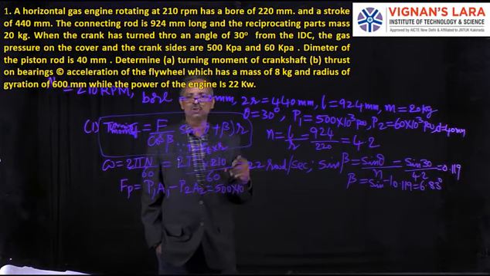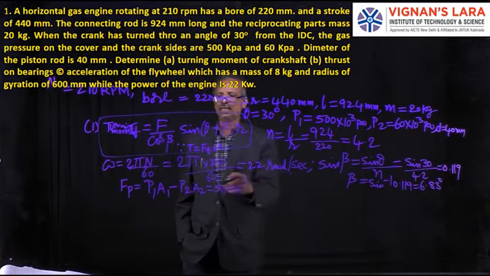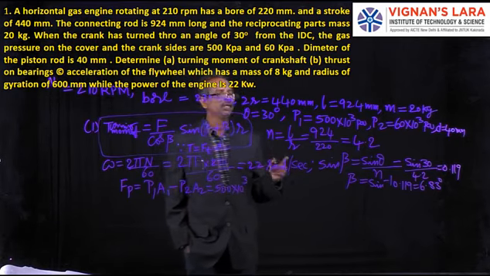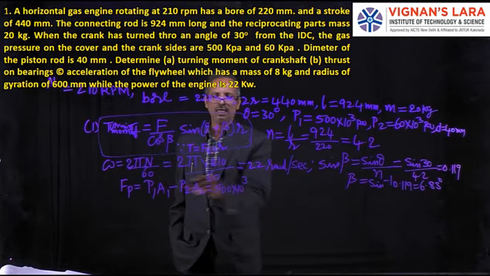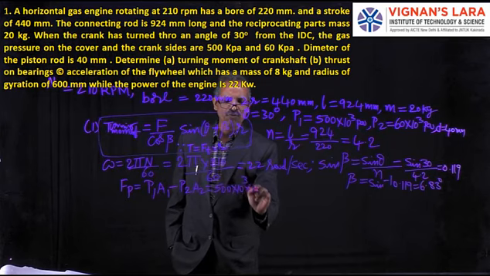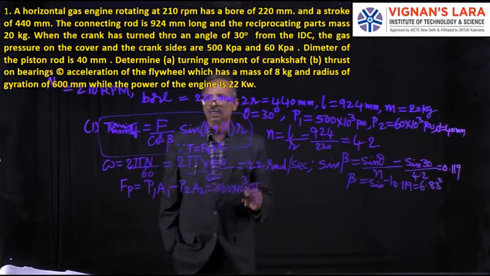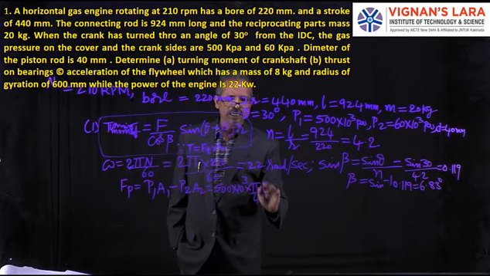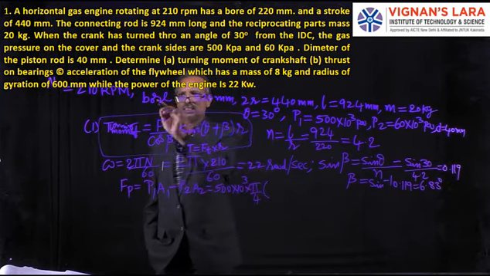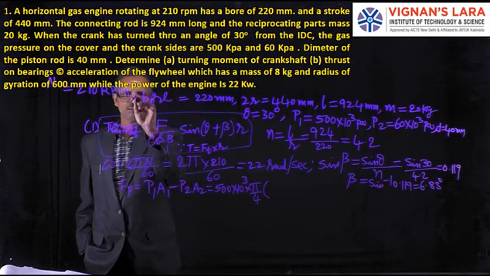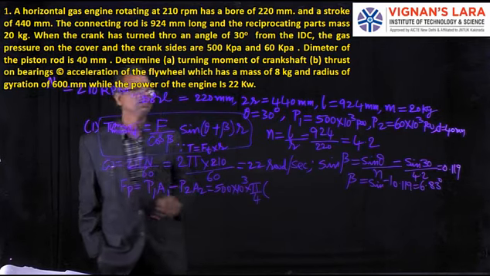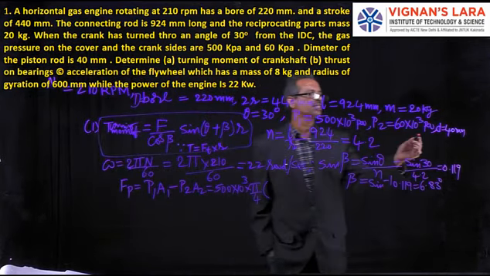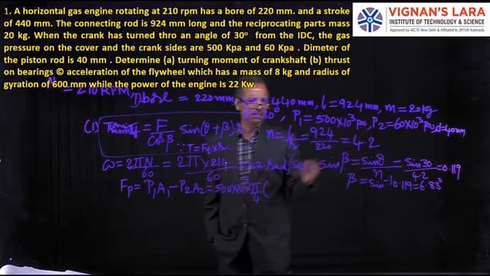So Pascal is Newton per meter square. So I will write area also in terms of meter. What is area? Pi by 4 D square, where capital D is the bore diameter and small d is the diameter of the rod.